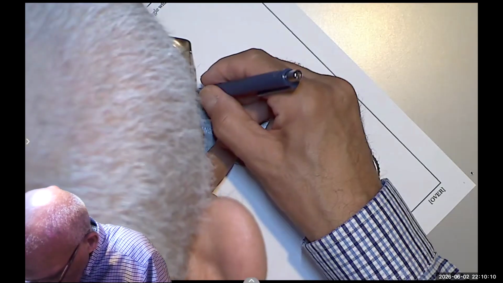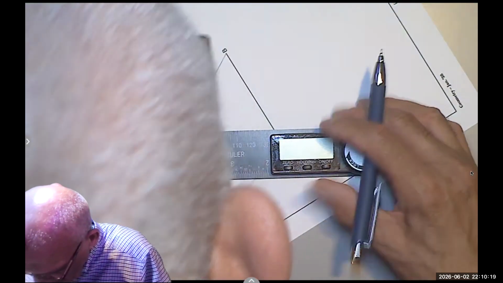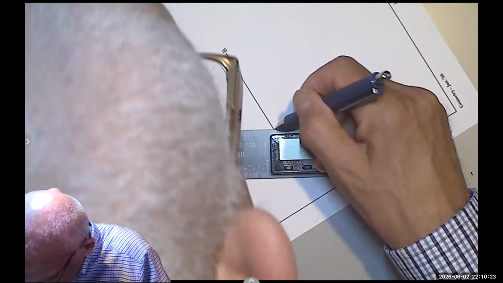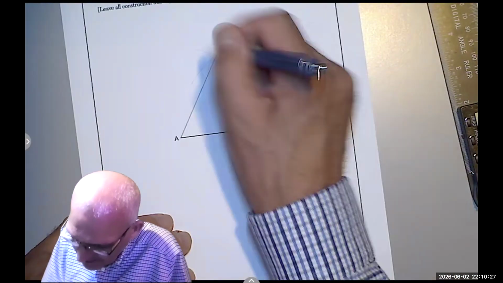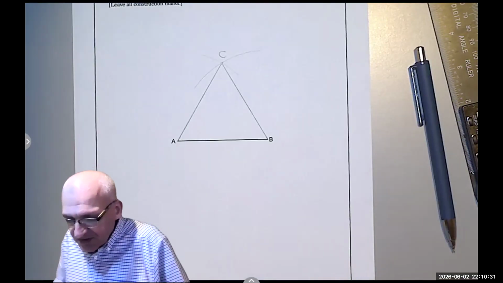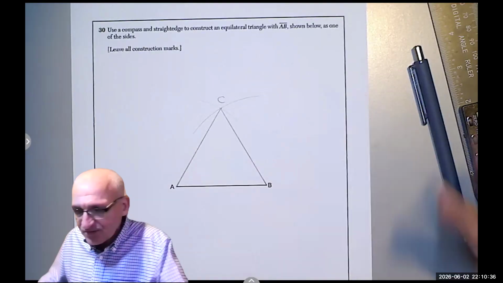And I told you to leave the marks so they know how you constructed it. Don't erase them. And basically this is the equilateral triangle. You can call the vertex C or something, which makes sense since it's AB. Or it doesn't matter since they didn't ask you, they simply said, construct an equilateral triangle. That was an easy one.